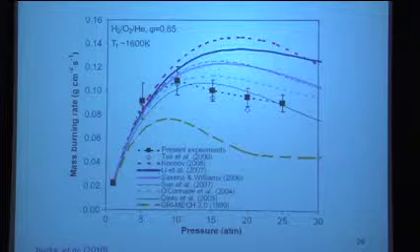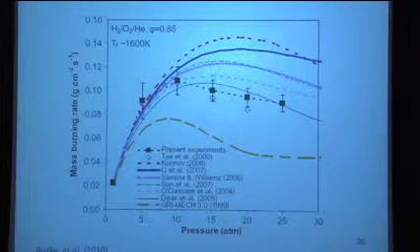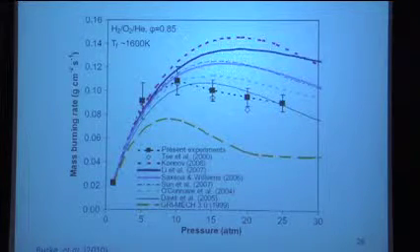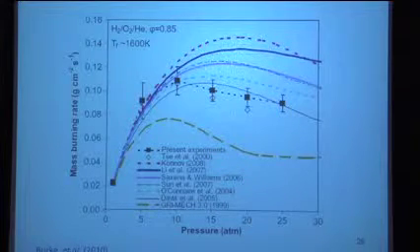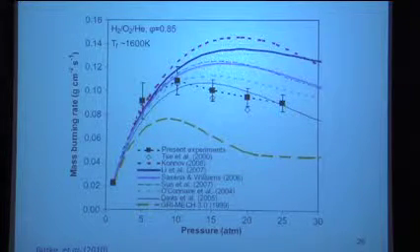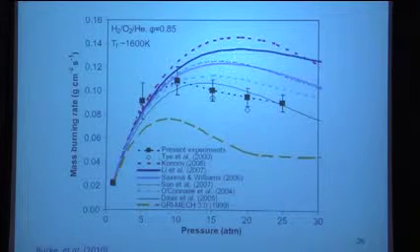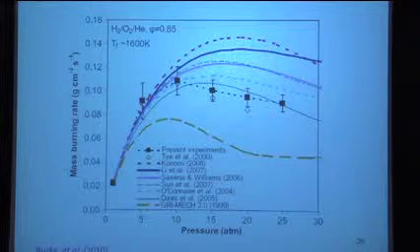So Yu Guang, Professor Ju, was very good at saying, well, we're going to have to do this at the hydrogen level. And that's what he found. Experimental data, then you have several models. And they spread rather wide, from the lowest, GRI-Mech 3.0, to the highest, Professor Konnov's model.